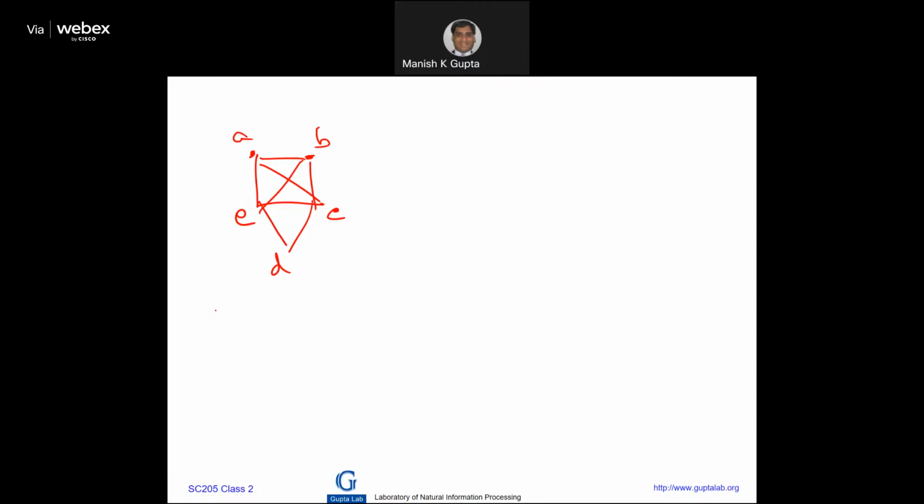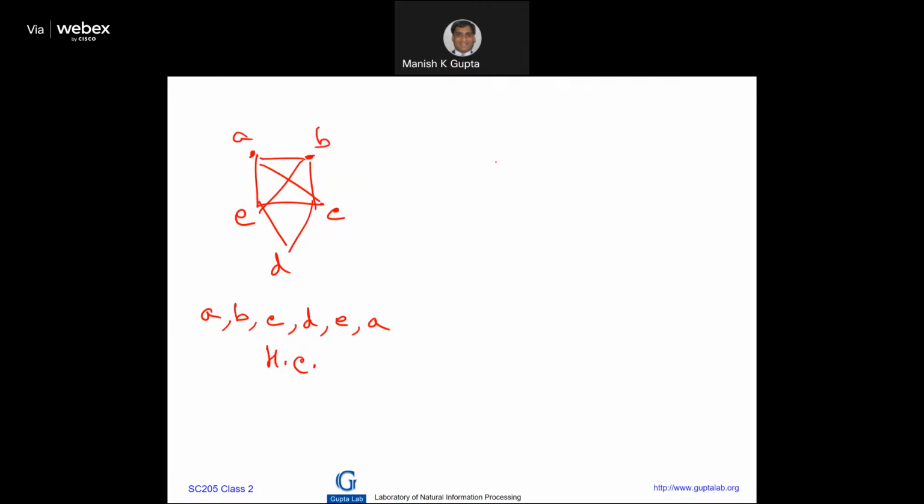A Hamiltonian circuit visits each vertex exactly once. So starting from A, B, C, D, E, back to A. This is a Hamiltonian circuit because it contains every vertex exactly once. There it was edges, here it is vertices.